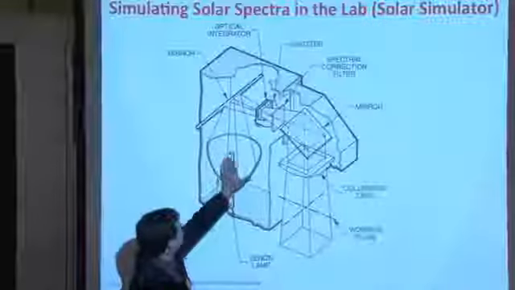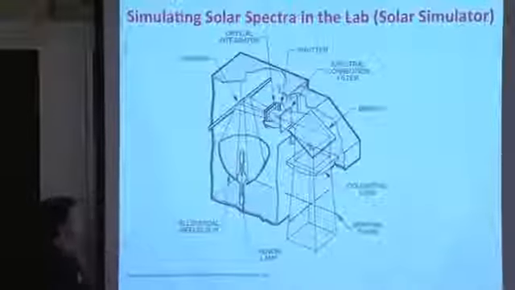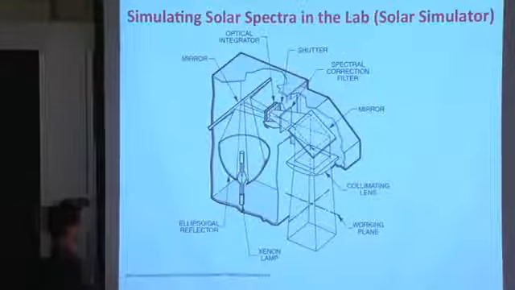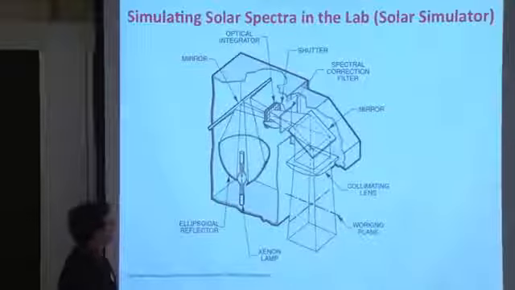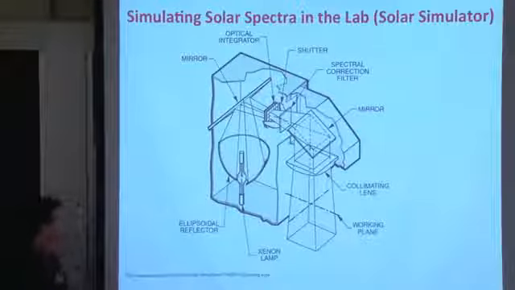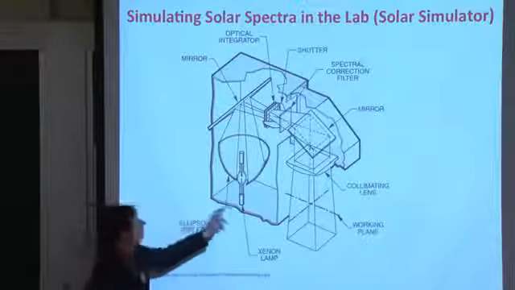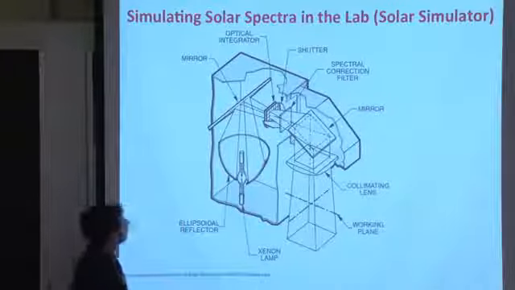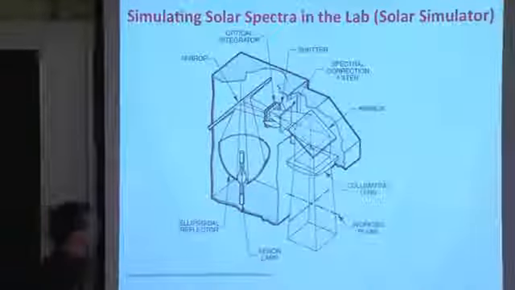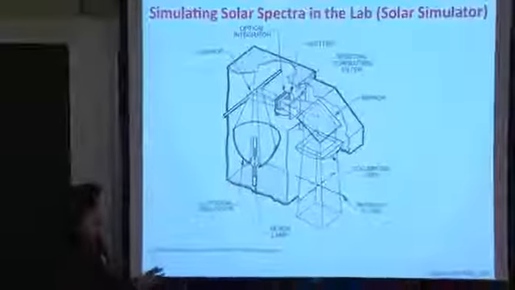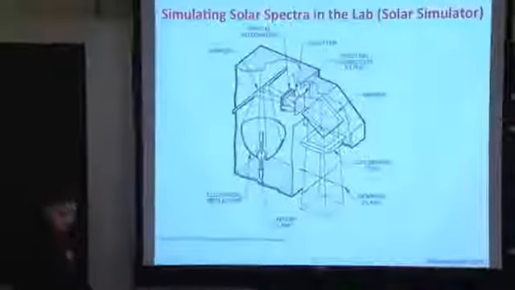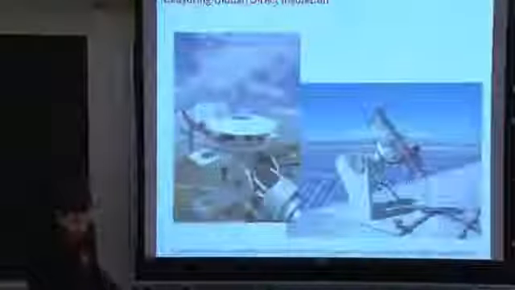Mirrors, essentially a series of optics to create the right form factor of the light and ultimately work our way toward a planar incoming beam. And what's called a spectral correction filter, which is right in the middle of the optics train, and that's essentially to correct for variances between the emission of the xenon arc lamp and the ASTM solar spectrum, as defined right here.